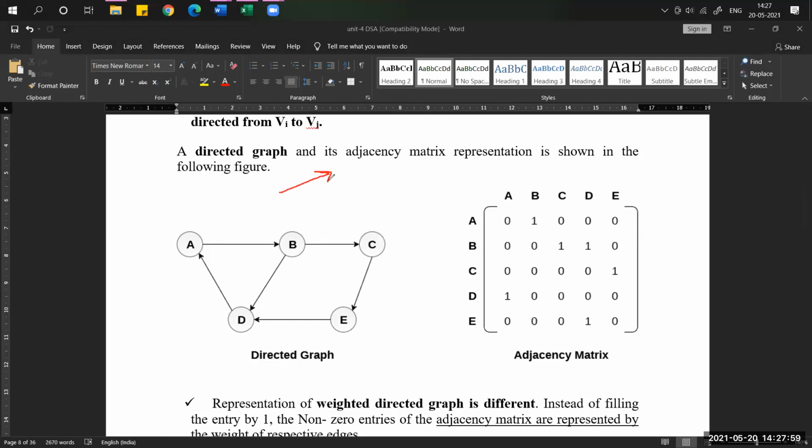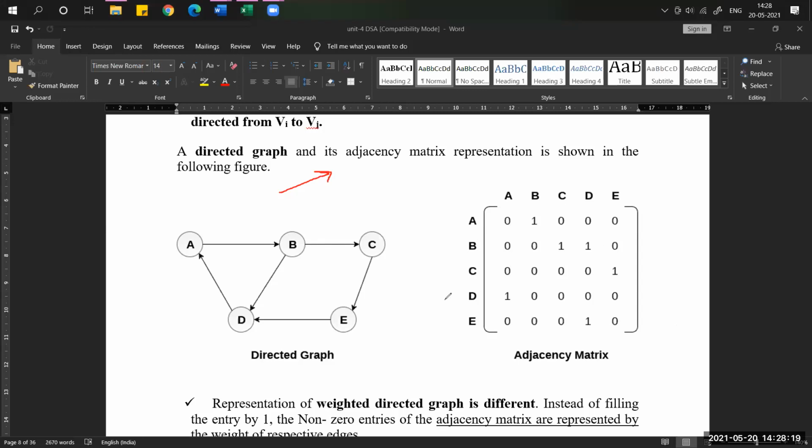Here also it is the same thing. So what is the dimension? Based on the number of vertices, the dimension will be n cross n. For example, if 6 vertices are there, you have to generate a 6 cross 6 matrix. Now how are we going to fill this one?